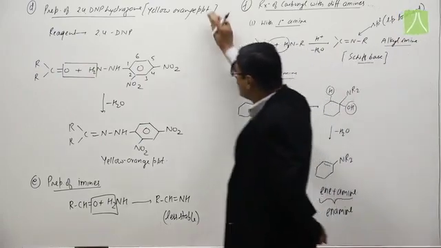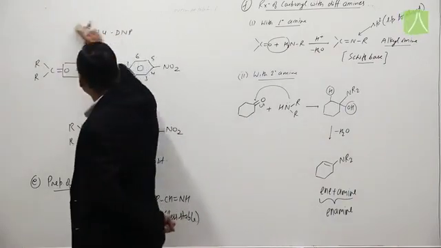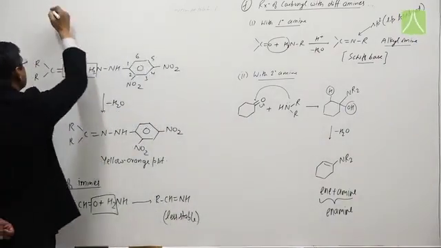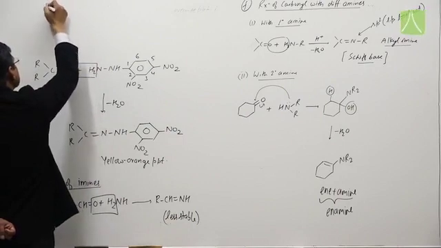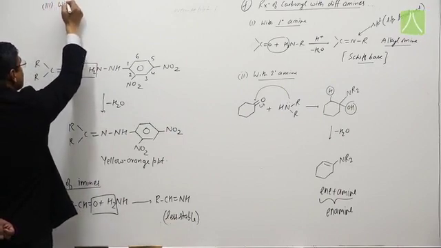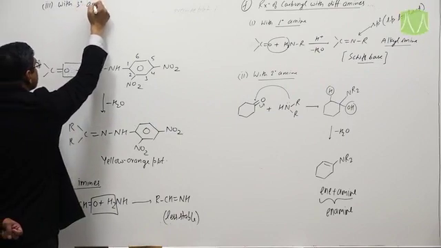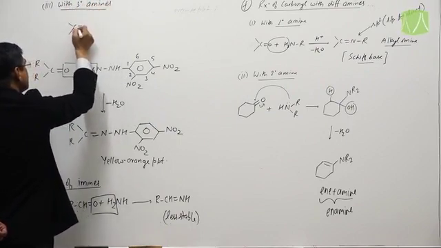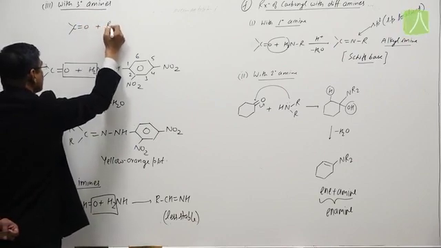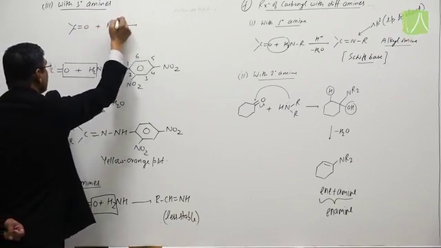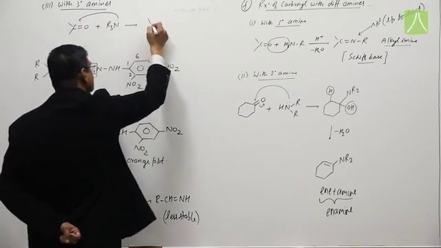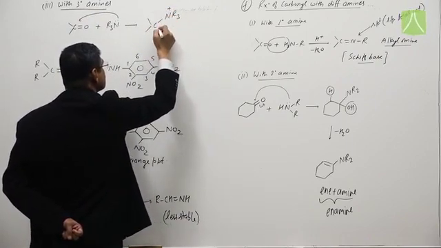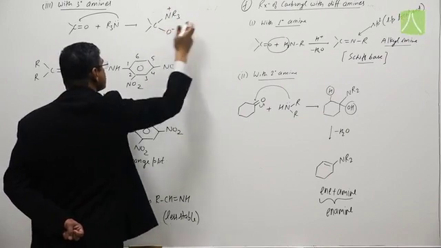But in case of 3-degree amine, there is an unstable product with 3-degree amines, R3N. So the product is unstable.